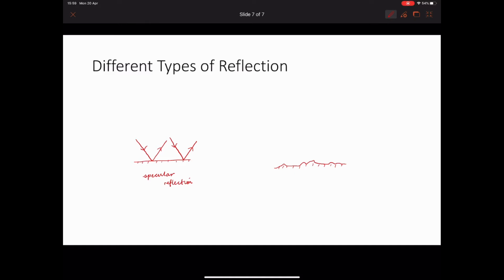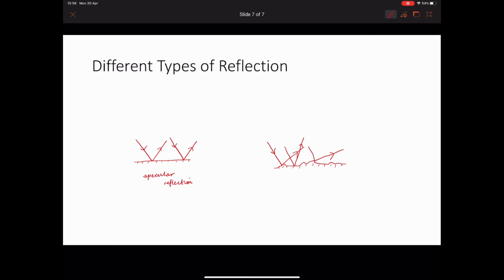If we have our light incident on our bumpy and rough surface, once that light ray hits a bump or a rough part, it's going to be scattered in a different direction. So it could be scattered like that. It could be scattered like that. It might be scattered like so. And then you see that we have this very diffuse reflection happening here.